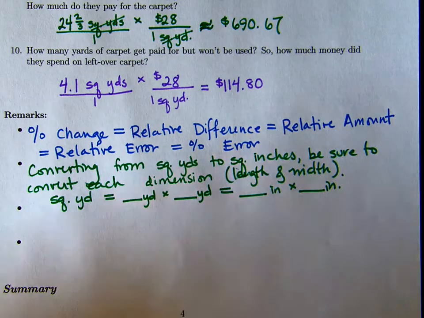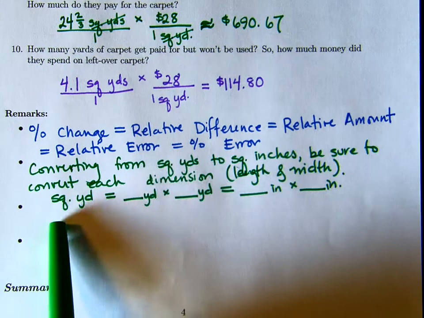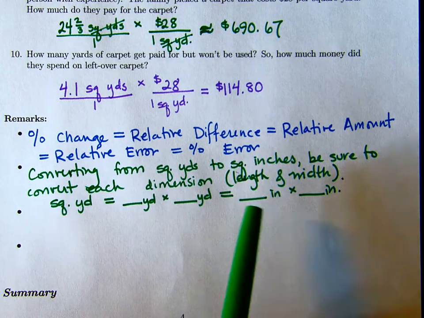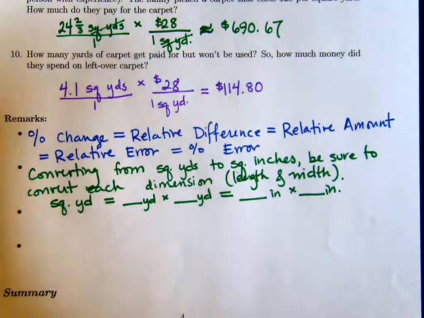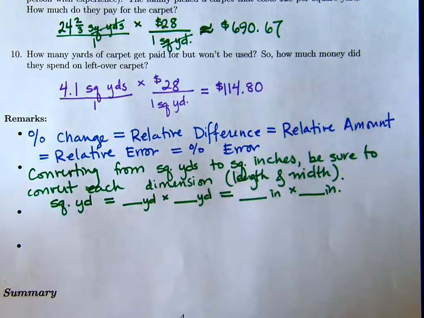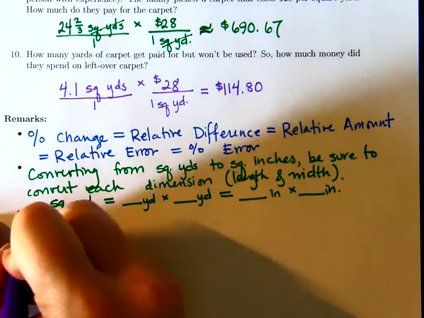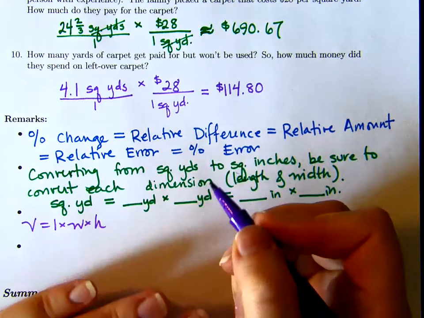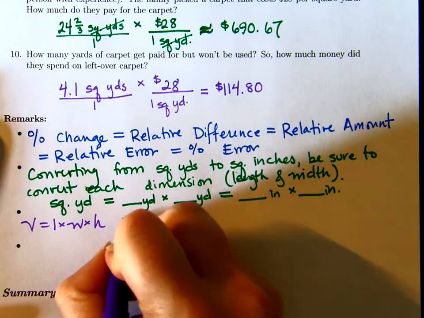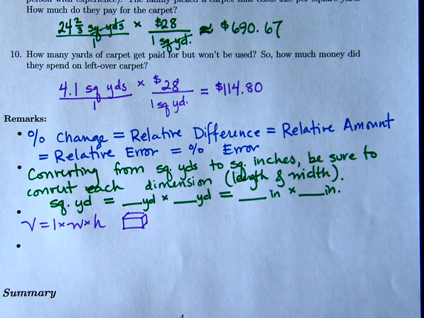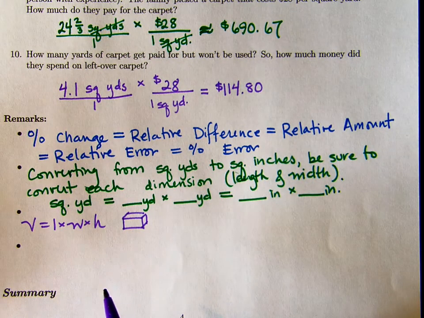Okay, so there's more conversions. The higher you are, like squares, cubes, whatever, the more conversions you are layering on. For instance, when it comes to volume, which is length by width by height, just for a rectangular prism, we would have to convert more.